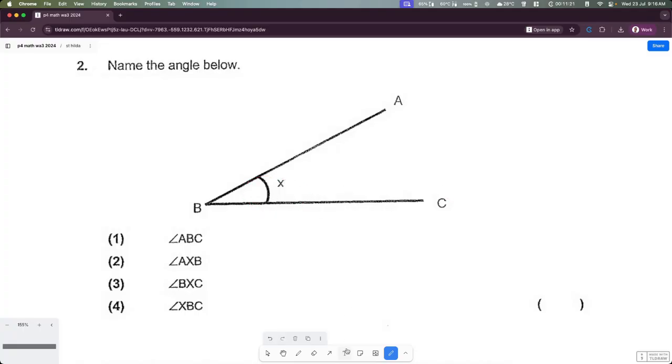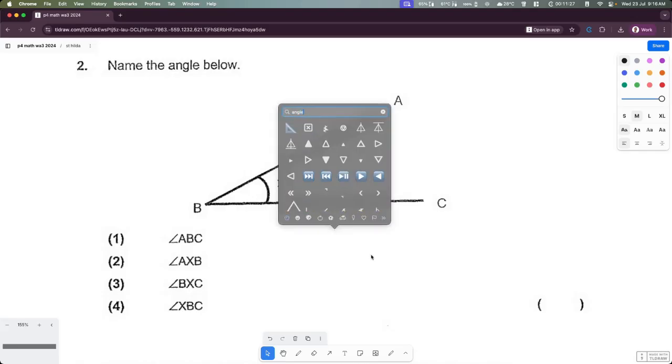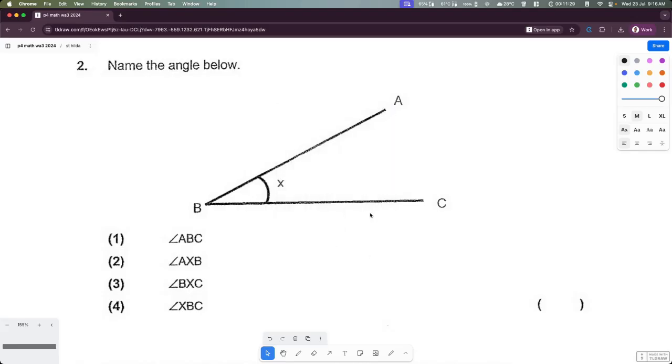So in this case, if you want to name, there's two answers to this actually. So first is we're going to put in the angle A, B, C, right? So in essence, if I were to just put it like this, angle A, B, and then C, that's how it looks like.